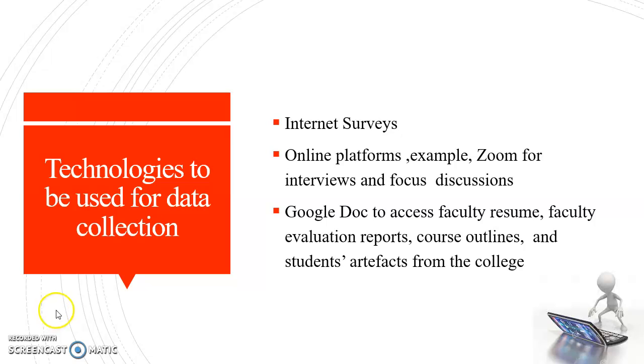The technologies we want to use for data collection are internet surveys. We want to use online platforms, for example Zoom or Google Meet, to do our interviews and our focus group discussions. And we're going to use Google Docs to access faculty resumes, faculty evaluation reports, course outlines, and students' artifacts from the college.